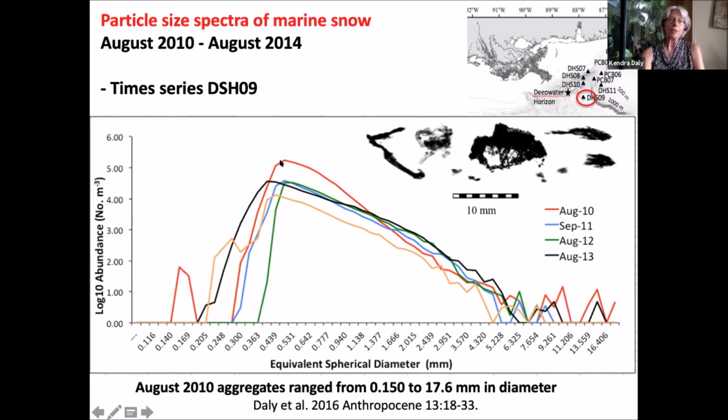And you can see in 2010, the abundance was much higher. This is a log scale, so that's a very significant difference. But there were also higher concentrations of larger size particles, which would sink very rapidly to the seafloor.